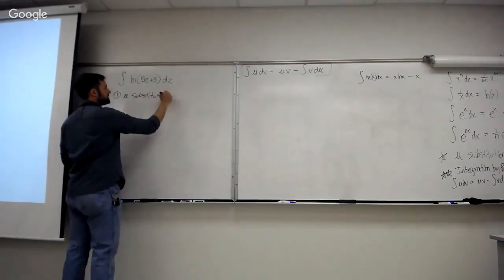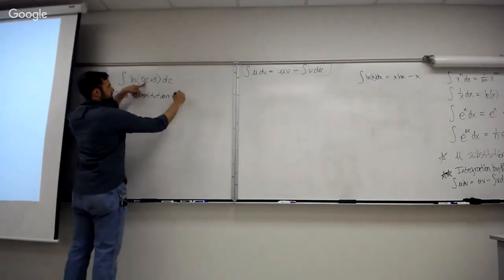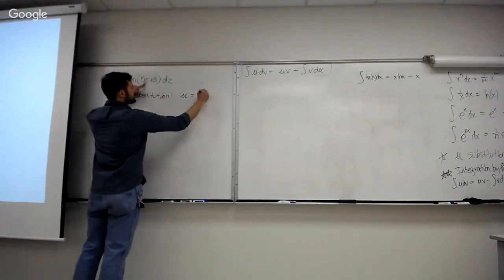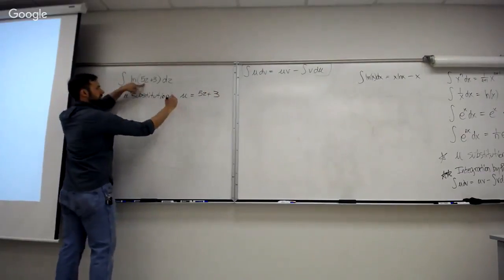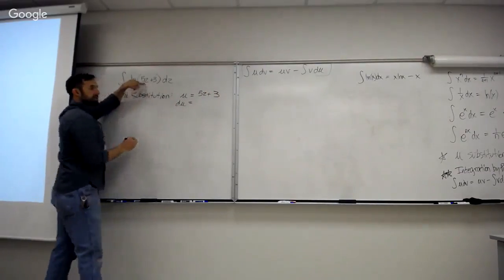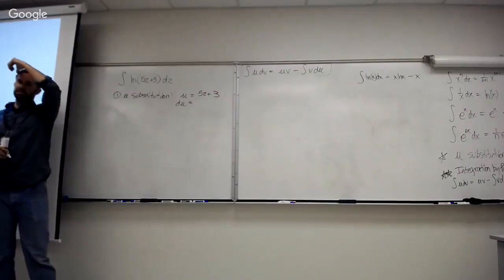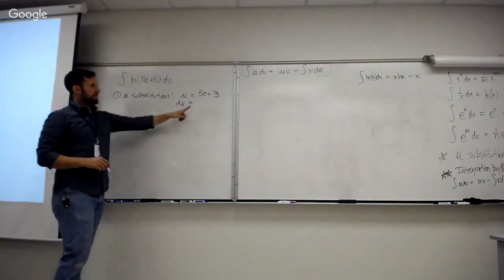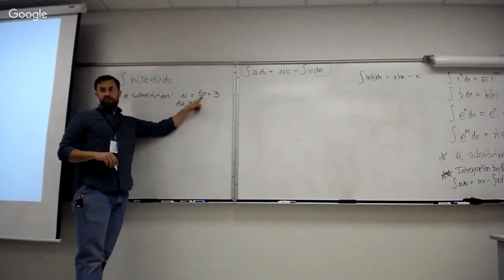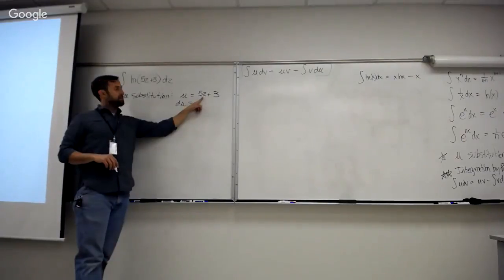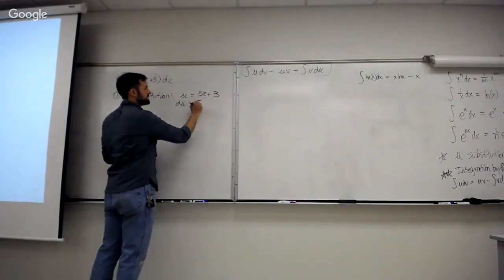where, remember u substitution, we choose the inside function, so u is going to be 5z plus 3, and so du is going to be the derivative of 5z plus 3, which is, derivative of 5z is 5, derivative of 3 is 0, so it's just 5dz.